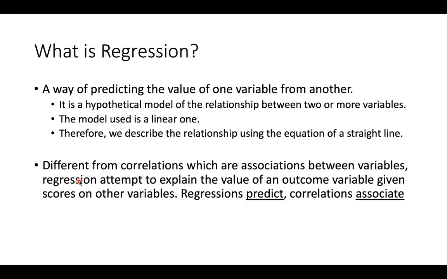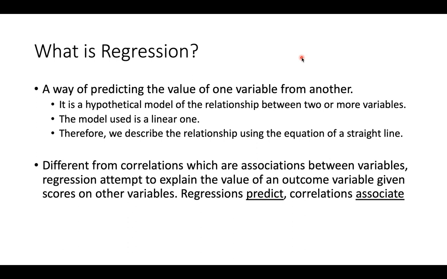So, as I said, regression is a way of predicting the value of one variable from another variable. In this case, you have one value that is your predictor, right? The thing that's doing the predicting, and another value that is your outcome of interest, right? So in a sense, we have an independent variable and a dependent variable, even though a regression is a correlational statistic in the sense that we're not manipulating anything in the real world.